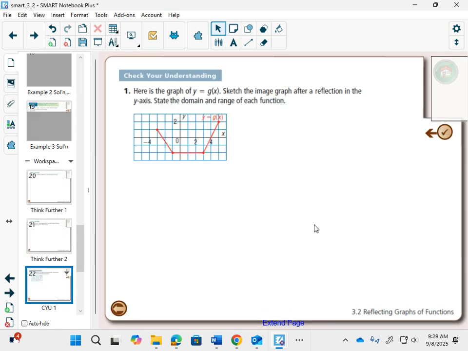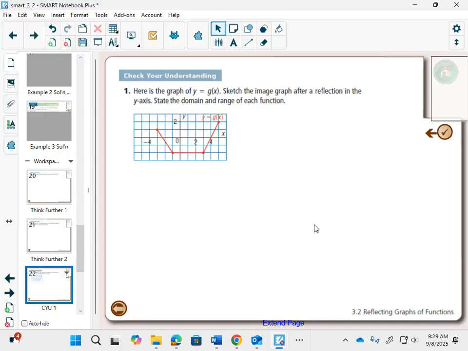Here's the graph of g of x. Sketch the image graph after reflection in the y-axis. So then I sometimes go, okay, if I'm reflecting in the y, I'm taking things over this way. I actually do this with my hand. Okay, that's horizontal, right? I'm moving things left and right when I flip over the y.